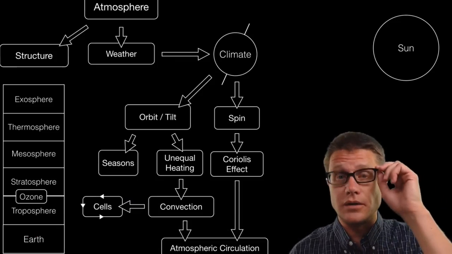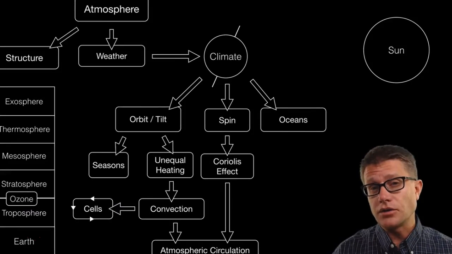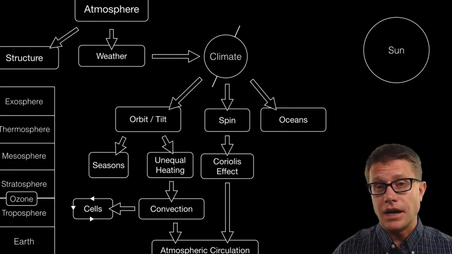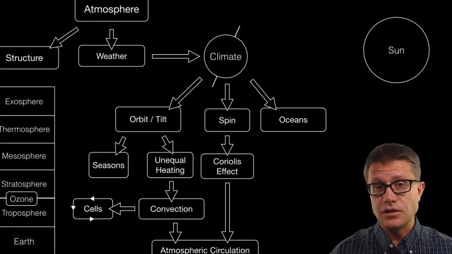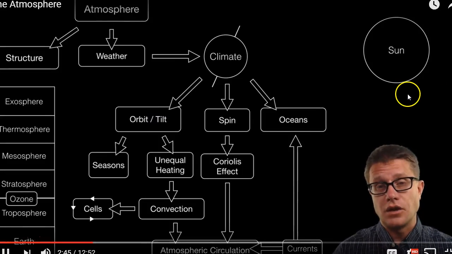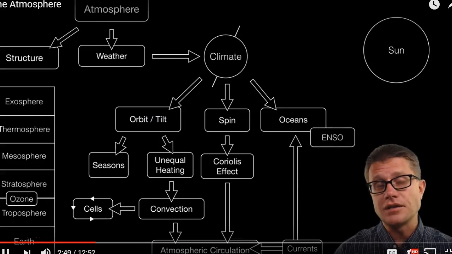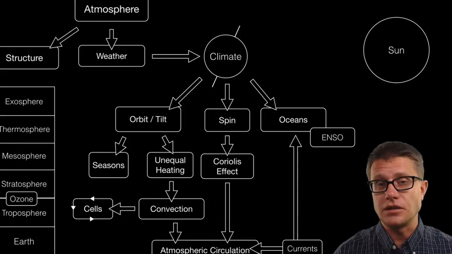It's moving the weather around on our planet. Now, the oceans also affect our climate. And as the atmosphere moves around, it starts to move the oceans. And so we get these ocean currents, which are shaping our climate. And an example of all these things coming together is El Nino, or ENSO, the El Nino Southern Oscillation, which we'll talk about in a little bit.